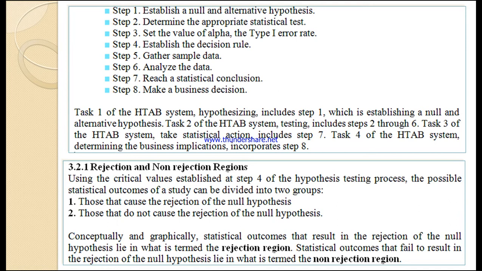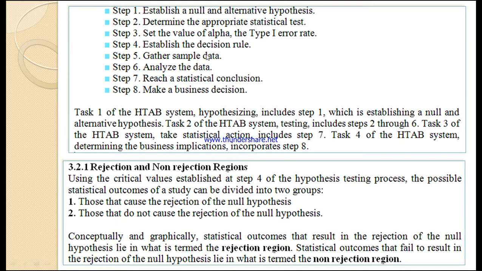When we link these 8 steps to the 4 major tasks involved in hypothesis testing, task number 1, which is hypothesizing, includes step number 1, and task number 2 of the HTAB system, which embraces testing, includes step number 2 up to step number 6.